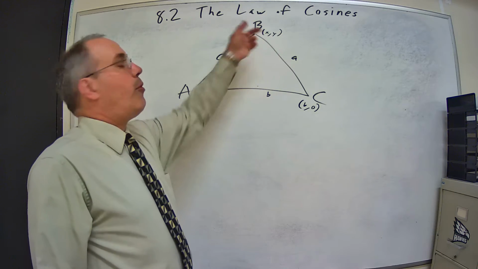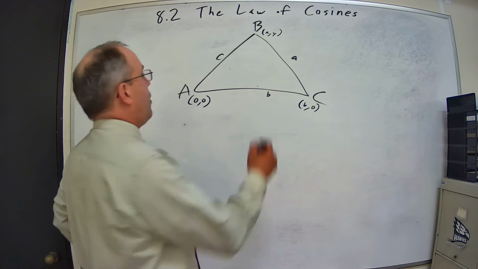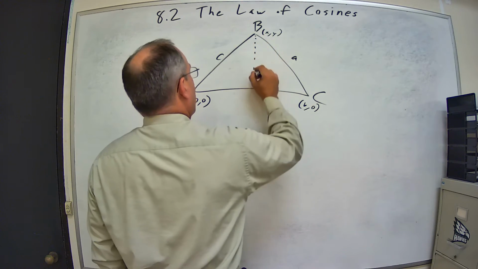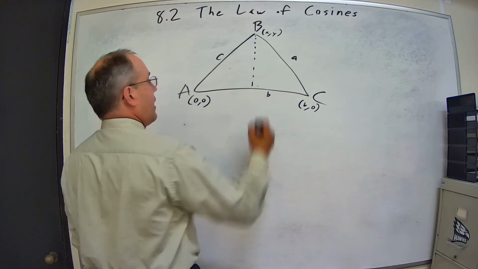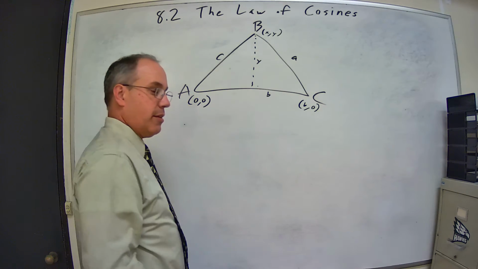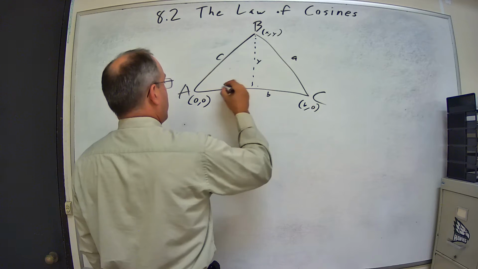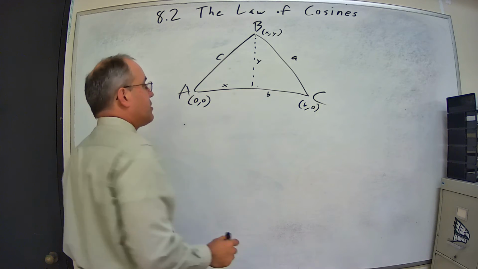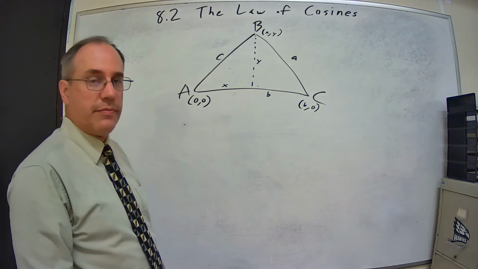So this is some point x, y. Well, if that's some point x, y, then I can say that this is y, and that from here to here is x.